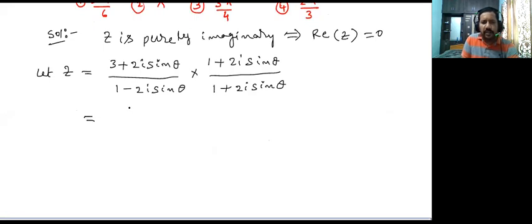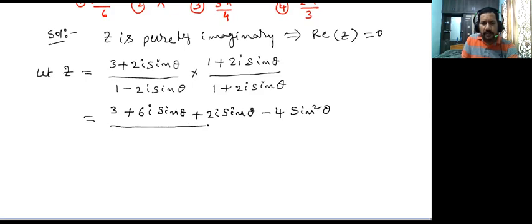What happened? 3 into 1, 3 plus 6i sin theta plus 2i sin theta minus 4 sin square theta.